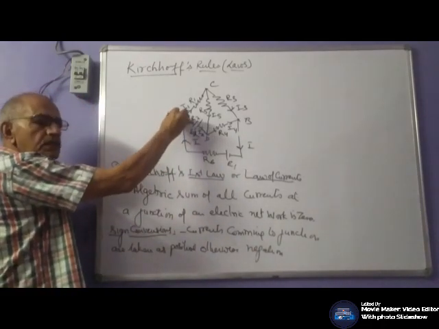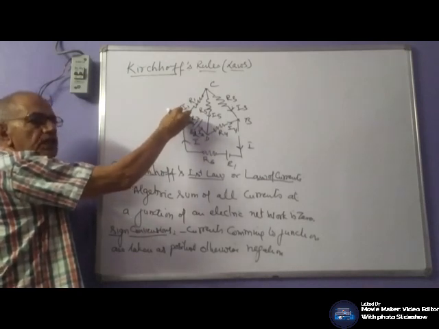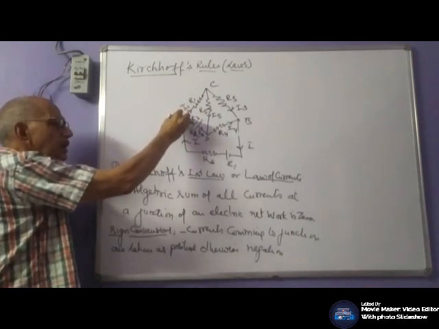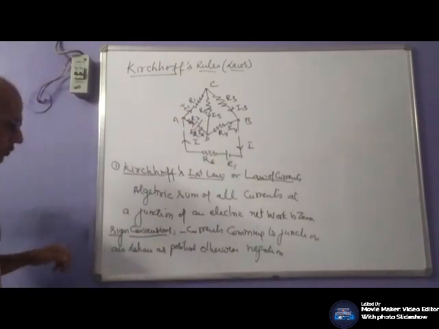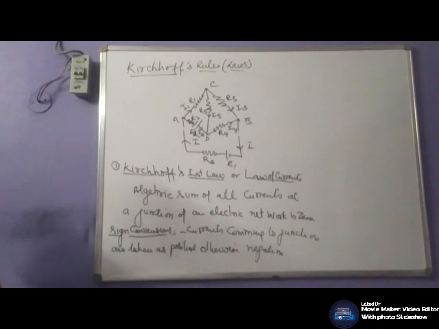At this junction, for the currents which are coming, we take the sum of all currents as 0. But what are the sign conventions? Current coming is taken as positive, otherwise negative.